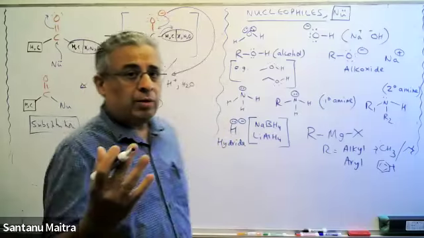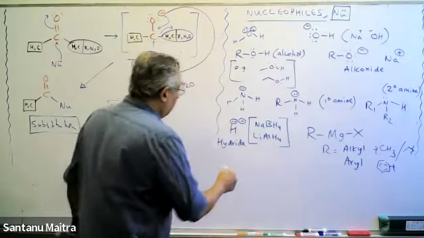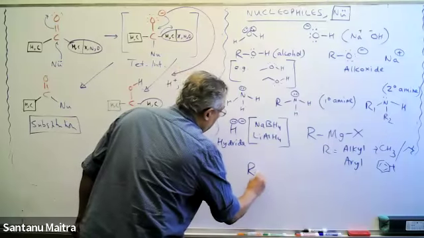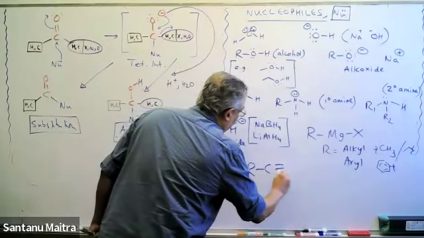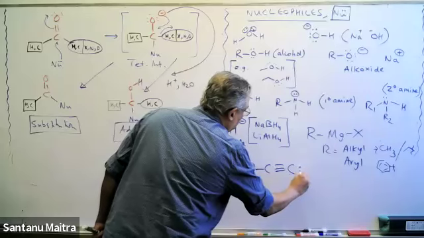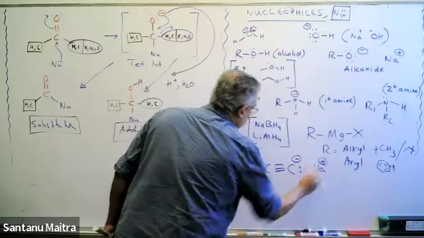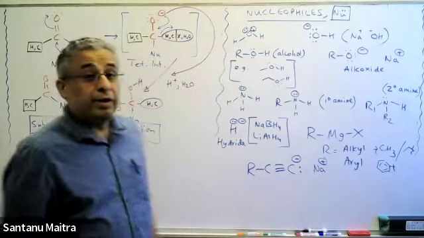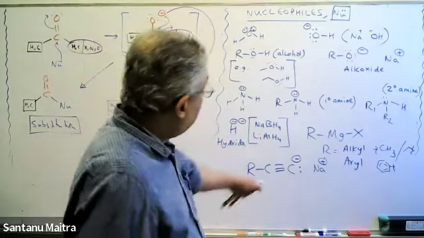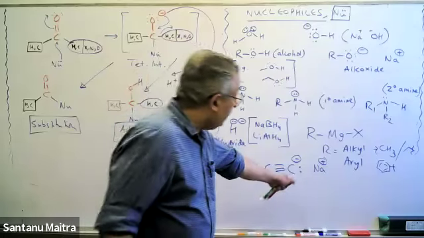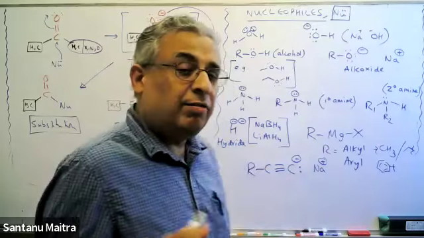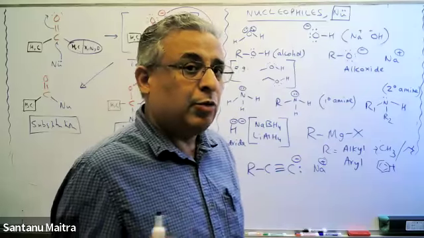I'll just draw one more carbon nucleophile. It's kind of my favorite. R, triple bond, carbon with a negative charge and a sodium or potassium. This is also a nucleophile that you can pretty easily generate. The terminal alkynes, when you have a hydrogen, the pKa of the terminal hydrogen is like 25.